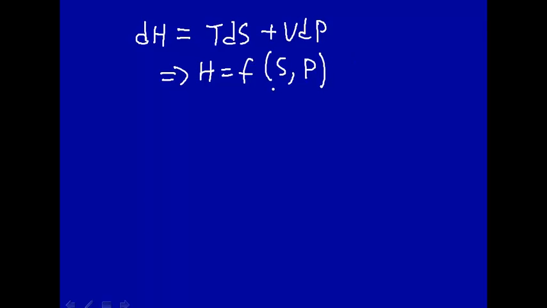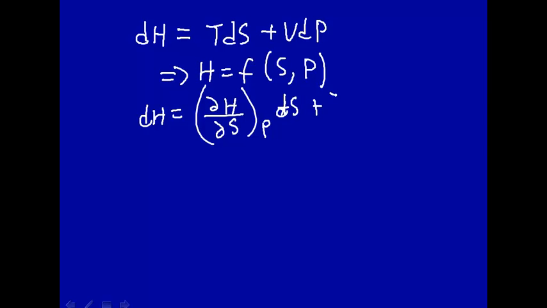So these are the natural variables for H. We'll do the differential. dH is how H changes with S at constant P times dS, plus how H changes with pressure, second variable, at constant first variable, times dP.